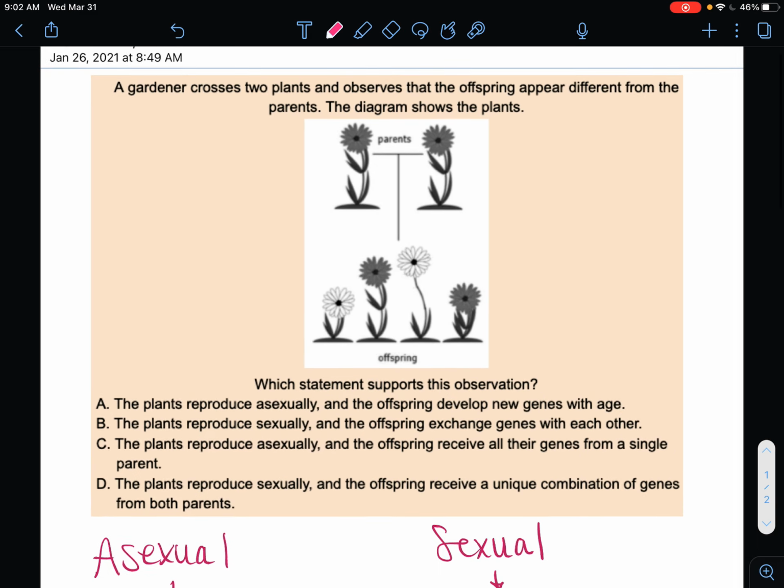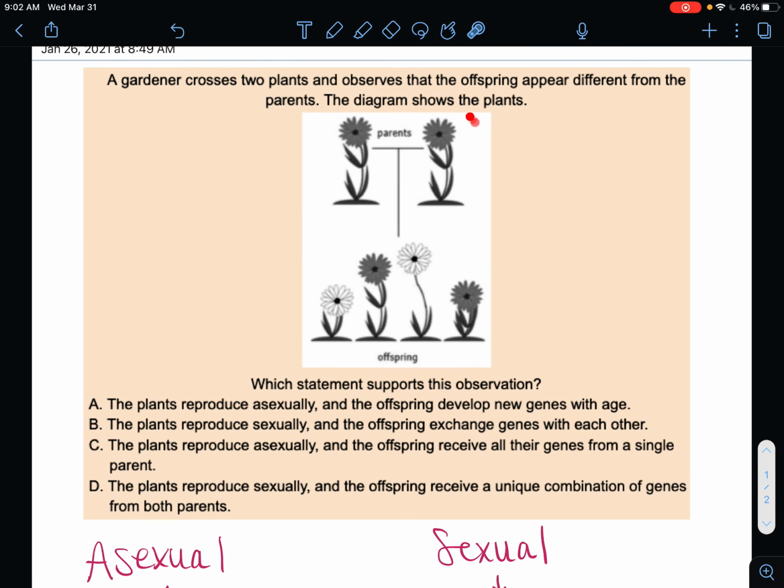If we look at the picture here, we see two parents coming together to form offspring that look pretty different. So right off the bat, we can decide this is sexual reproduction. Oh my gosh, what is wrong with me? I can't even write. There we go. This is definitely sexual reproduction.